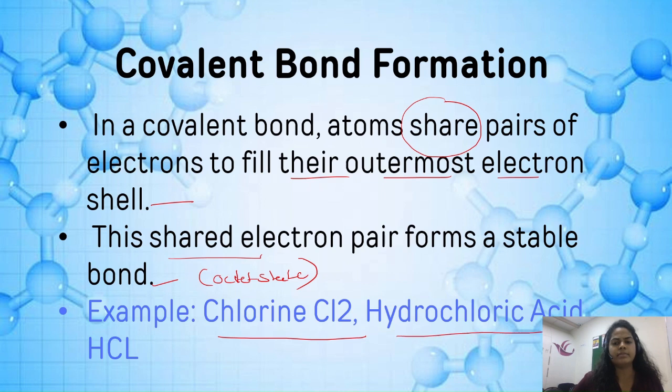Again hydrochloric acid: in Cl2 they both are non-metals, but what about hydrogen and chlorine? Chlorine is a non-metal 100%. What about hydrogen? See, hydrogen shows an exceptional behavior. It can act as a metal as well as a non-metal. So it has some different behaviors which we have to learn.